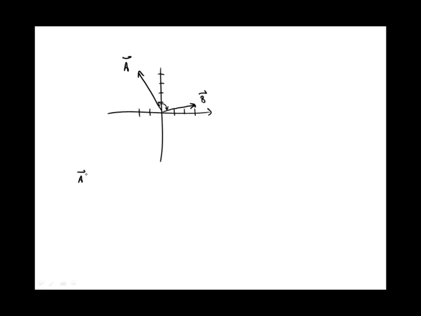So A dot B, let's do that. This is equal to minus 2i plus 4j dotted with 3i plus a half j. And this is going to equal minus 2 times 3, a sub x times b sub x, no i's in there, no j's, plus 4 times a half.